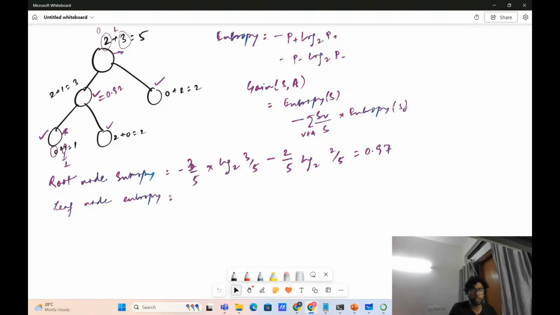So there is no impurity, no disorderness. So the leaf node entropy would be zero. Again, as I explained, the decision tree decides the cut based on whichever cut has the lowest entropy. And I think there is a question on this in the assignment, where you have to calculate the entropy. And also, you have to calculate the information gain.